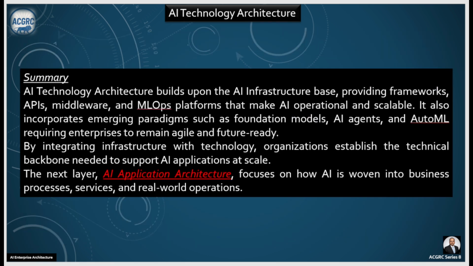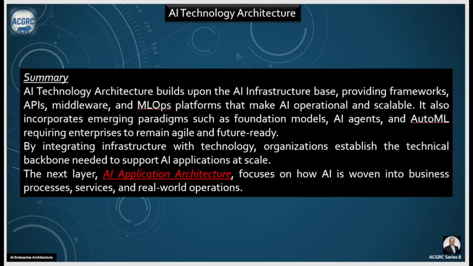AI technology architecture builds upon the AI infrastructure base. We discussed this in the earlier part, providing frameworks, APIs, middleware, and MLOps platform that makes AI operational and scalable.